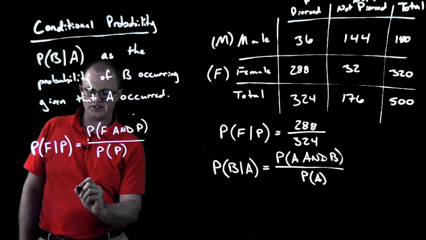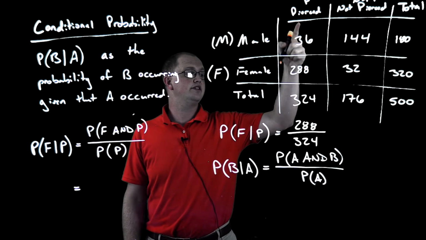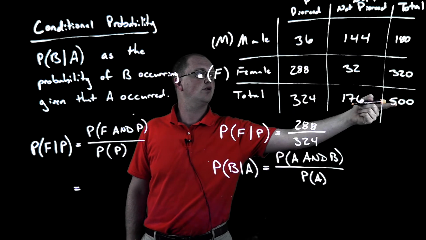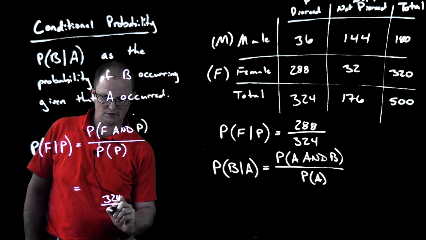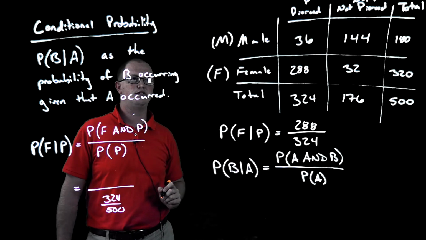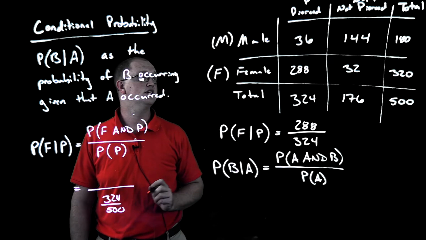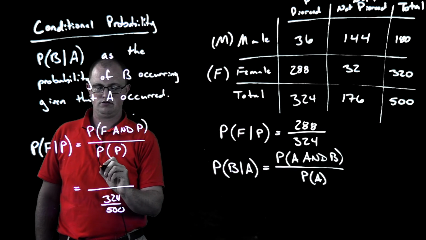And so from the table, we get that the probability of having pierced ears, we said previously, is going to be 324 out of 500. And the probability of being female and having pierced ears is going to be 288 out of 500.